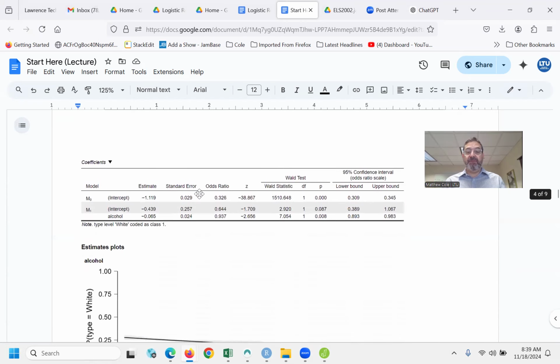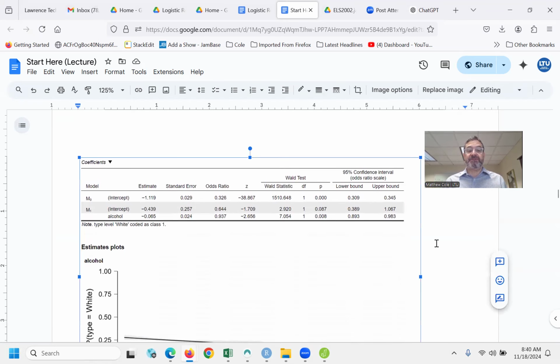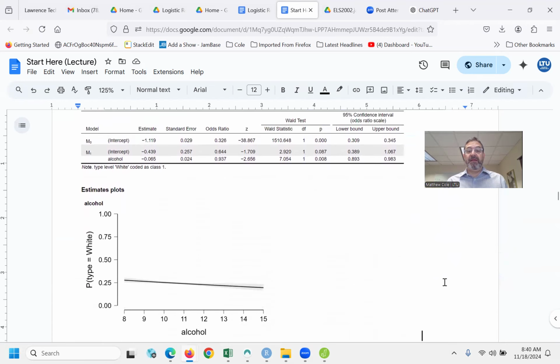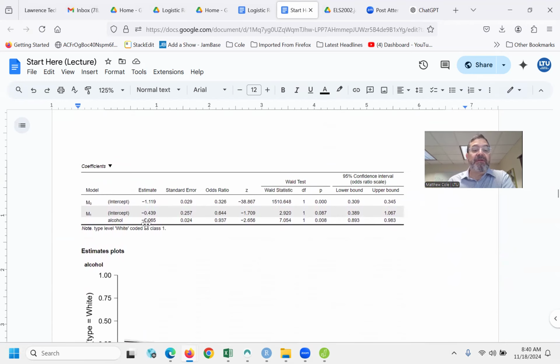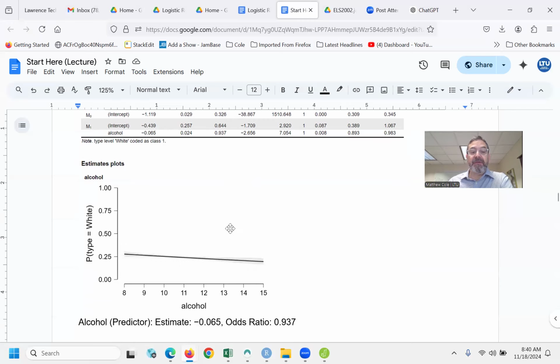Okay. And let's say we get these results. What do we see here? We see that the estimate is negative, so there's a negative relationship, and that's why the odds ratio is less than 1. And since alcohol is a continuous variable, the estimate plot is giving us an estimated best fit line of these probabilities with a 95% confidence interval.